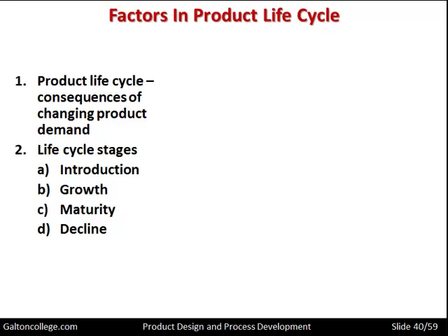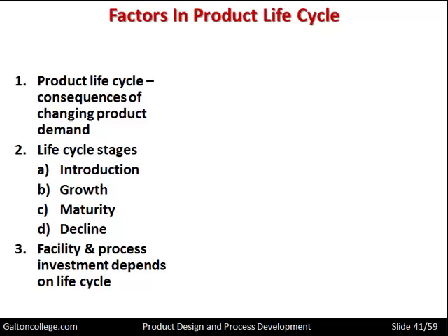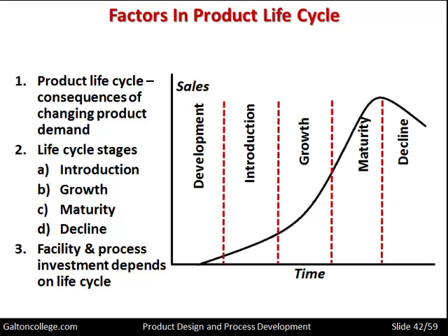Facility and process investment depends on the life cycle. There's a typical representation of the product life cycle. Sales on the vertical axis, time on the horizontal axis. We have development, introduction, growth, maturity, and then the decline of the product.